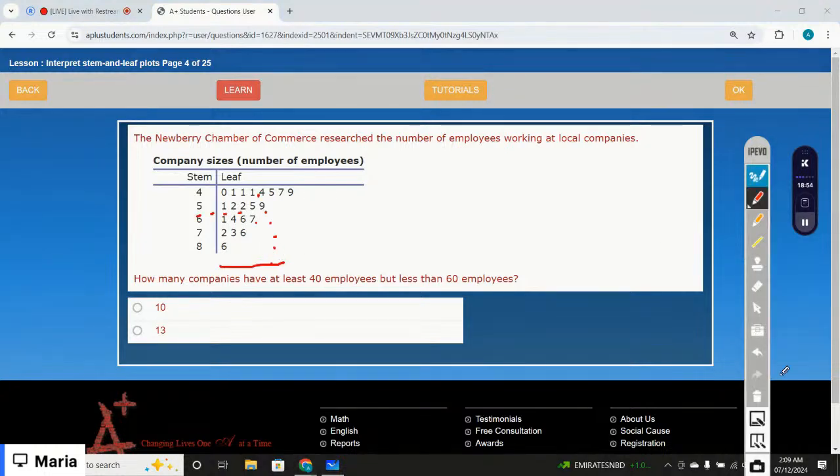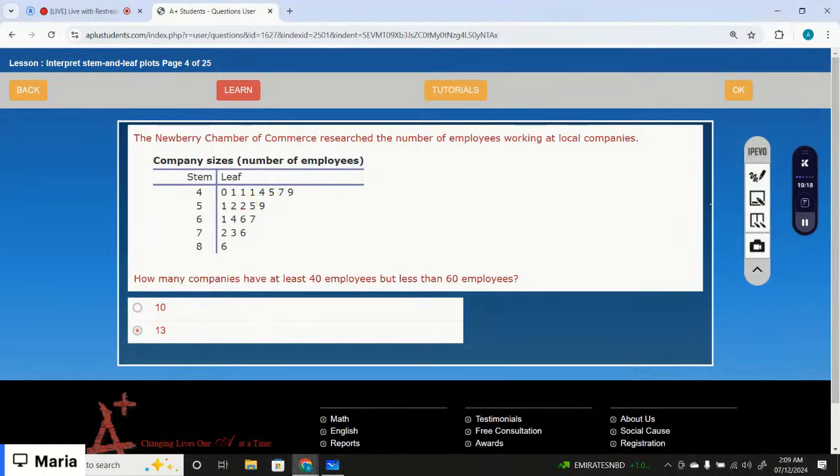You have to count all the numbers that are between 40 and 60. 1, 2, 3, 4, 5, 6, 7, 8, 9, 10, 11, 12, 13. So the correct option is 13. Option number 2 is the correct option, that is 13.